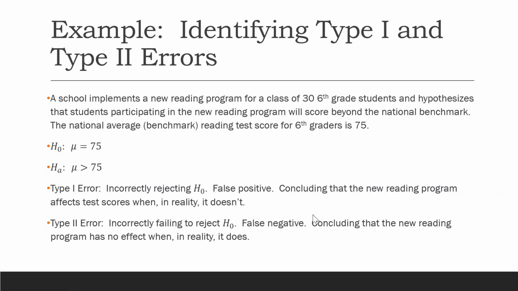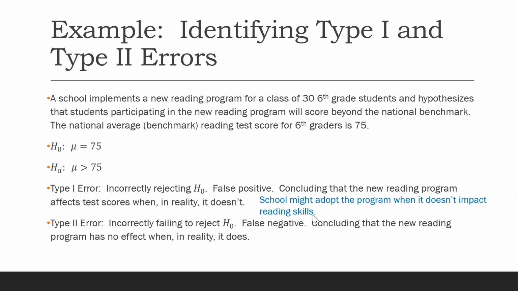Now, which one of these is more detrimental or may have more impactful results? Well, if you think about this type 1 error, concluding that the new reading program affects test scores when it doesn't, that has the potential for the school making a decision to adopt that program when it doesn't actually impact reading skills whatsoever.